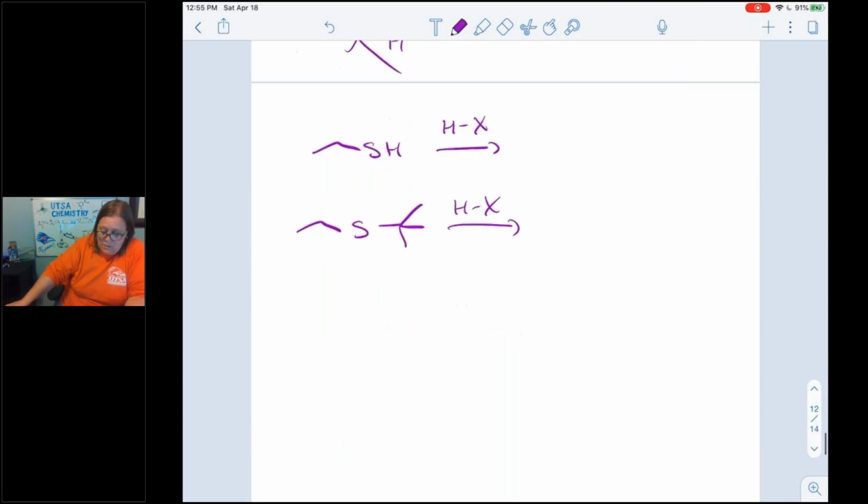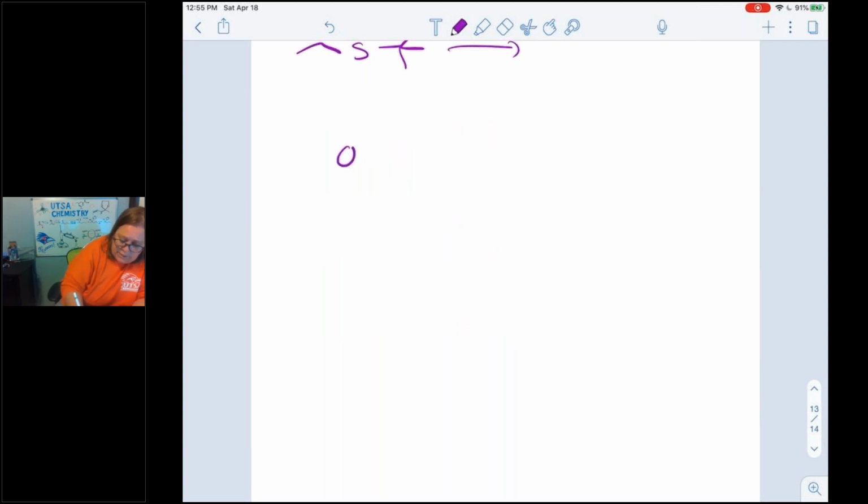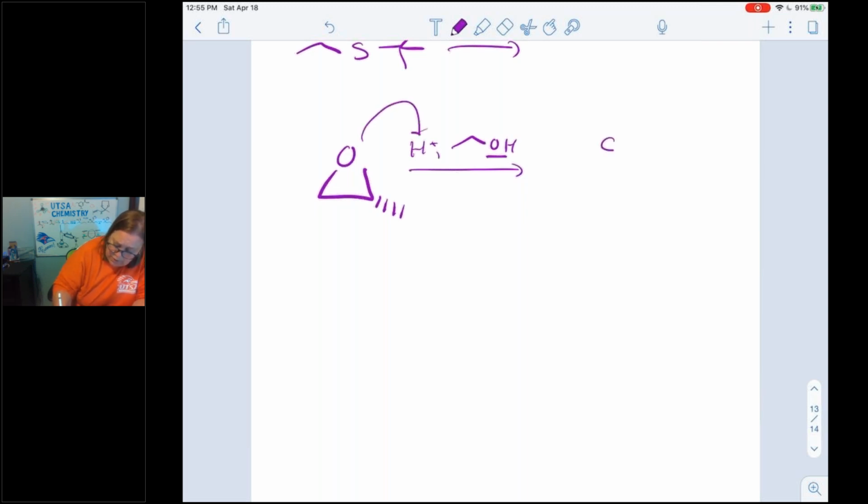Any more questions? All right. So epoxides under acidic conditions. Now we have regioselectivity, and my nucleophile, which can be neutral now, will attack the more substituted carbon. I did a pretty good lecture over that.